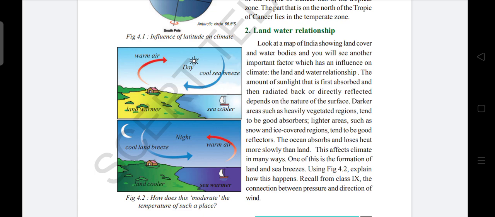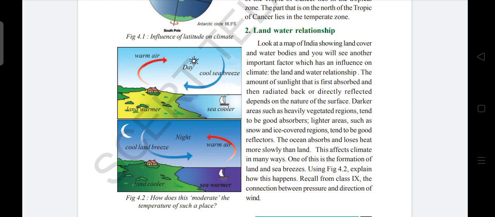Recall from class 9 the connection between pressure and direction of wind. So, if we look at a map of India showing land cover and water bodies, we will see another important factor which has an influence on the climate, the land and water relationship.